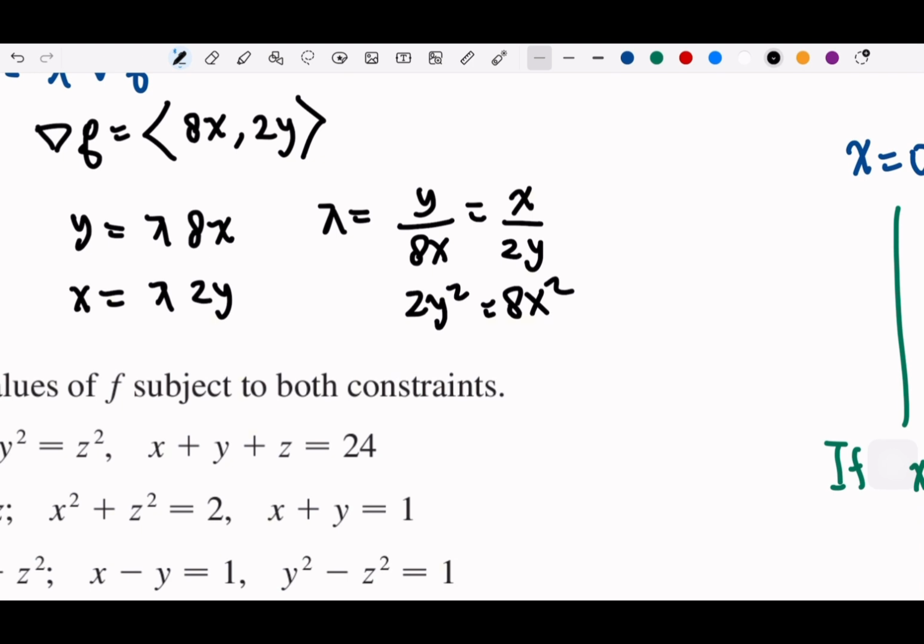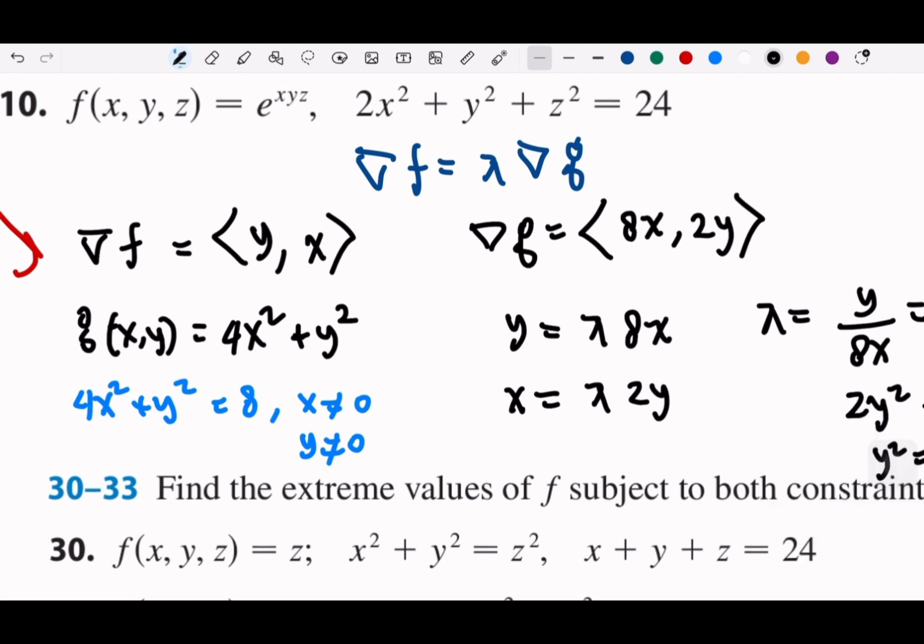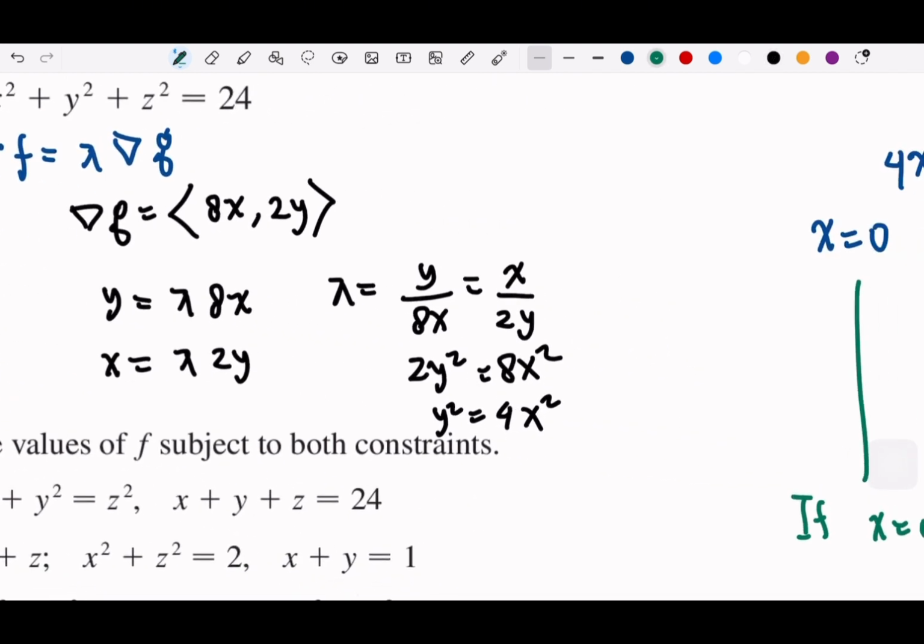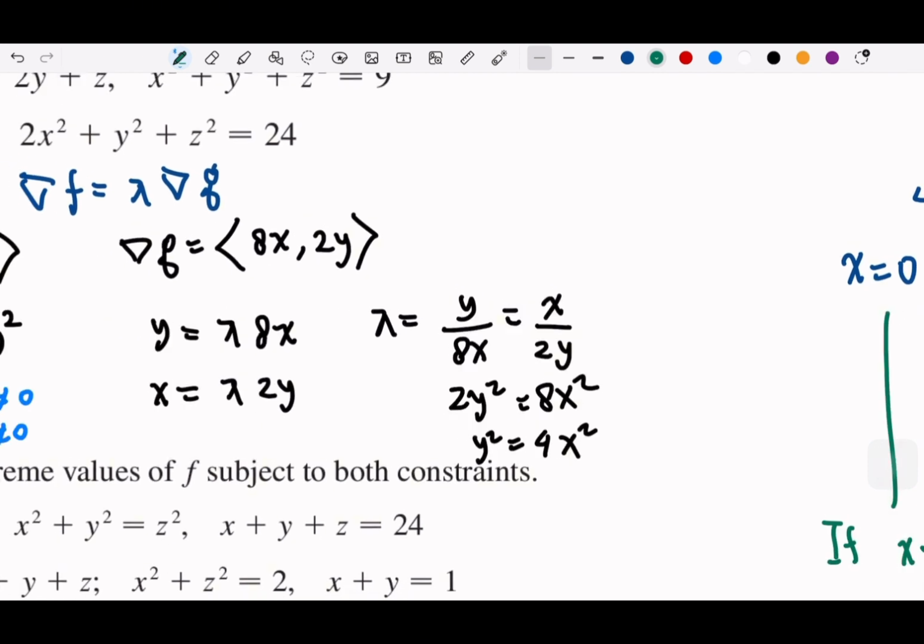And then we get y squared is 4x squared, which we can substitute into the constraint. Then we have 4x squared plus 4x squared equal to 8. So x squared is 1, or x is plus minus 1.